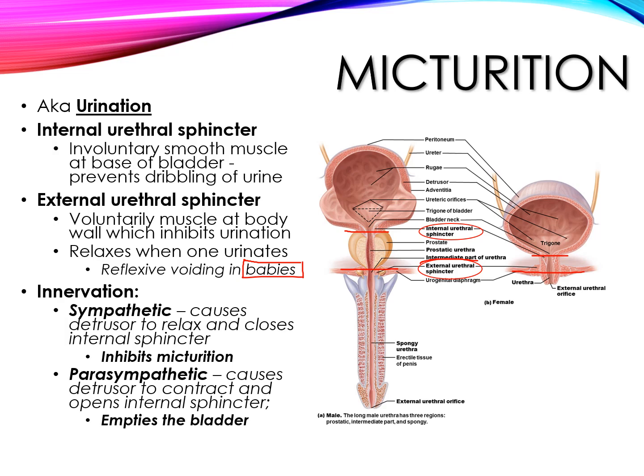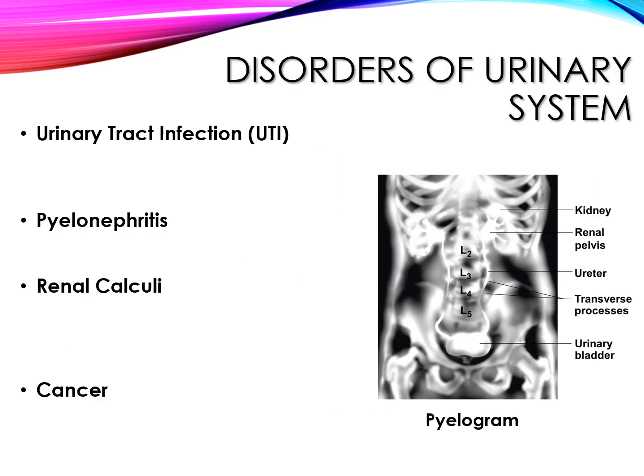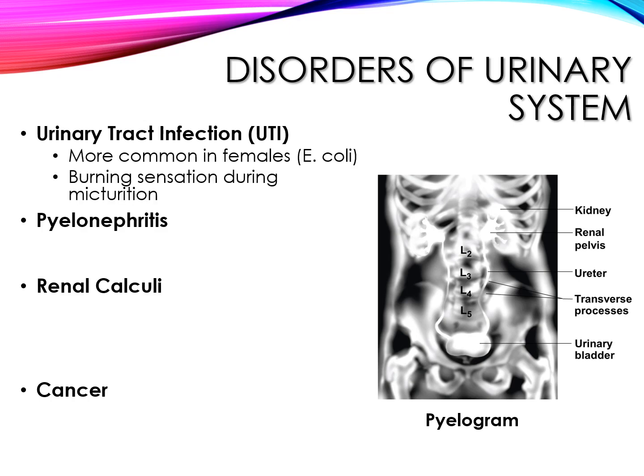Whereas parasympathetic empties the bladder, or promotes micturition, okay? So what does that look like, right? So sympathetic, you're going to relax the detrusor muscle. You don't want to be squeezing the bladder, and it closes that internal sphincter really tight, right? Whereas parasympathetic is going to contract the detrusor muscle and open the sphincter, okay? So that's the process of micturition. So you have to have a combination of the autonomic nervous system functioning correctly, as well as the voluntary control of that external sphincter.